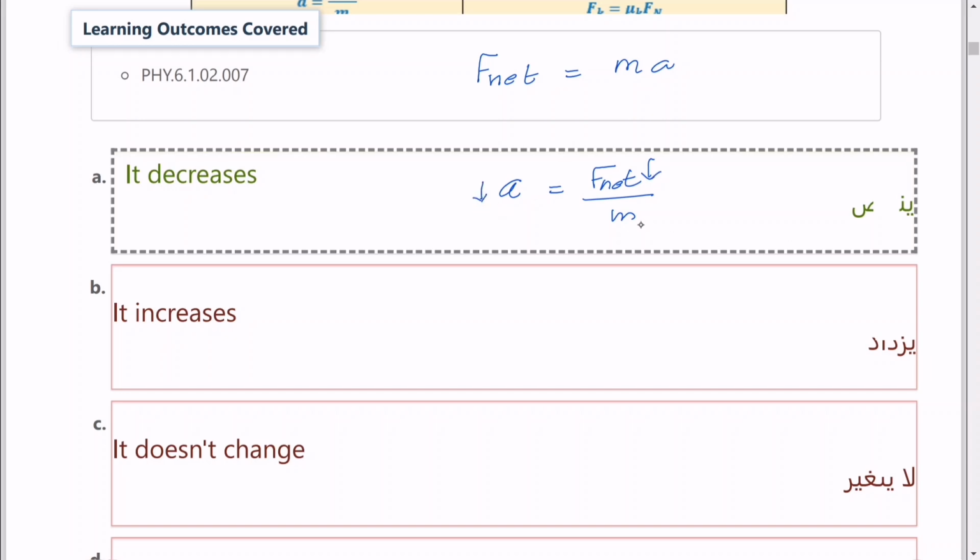And if the quantity in the denominator decreases, then acceleration will increase. For example, if the mass is decreasing, then acceleration will increase because mass is in the denominator of the equation of acceleration. So the question is, what happens to the acceleration of an object when the net force acting on the object decreases? Our answer is the acceleration decreases.